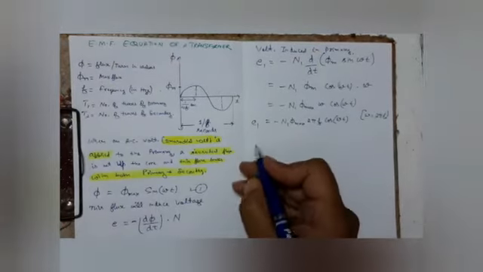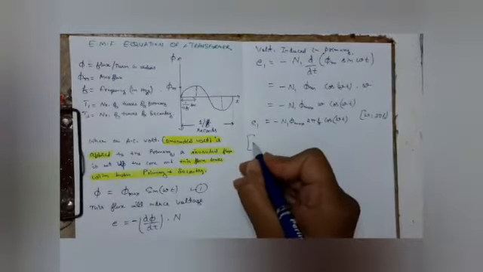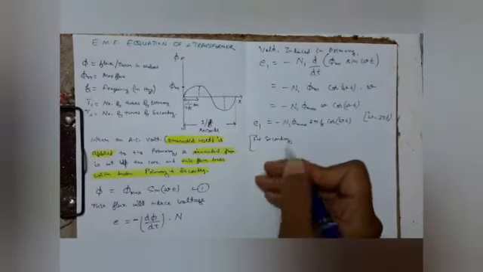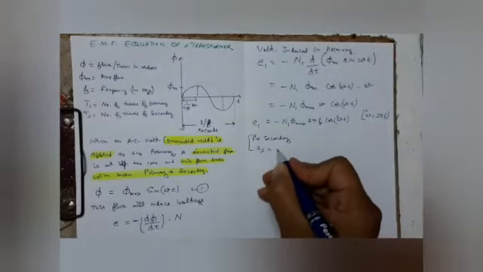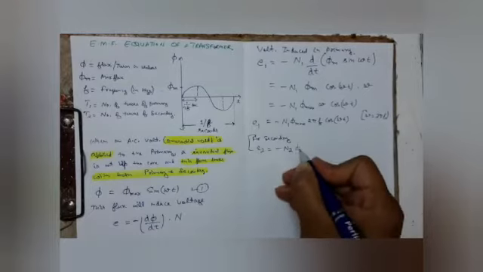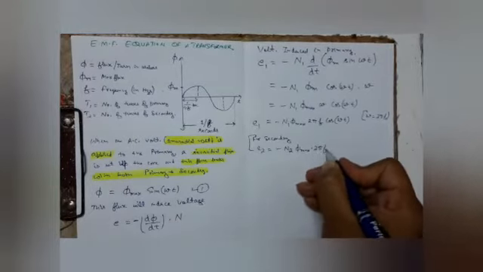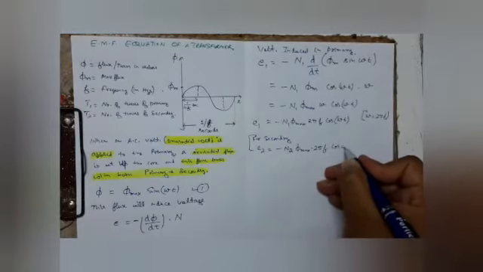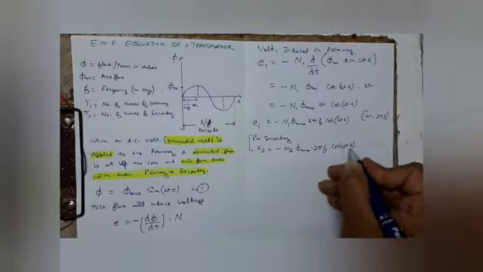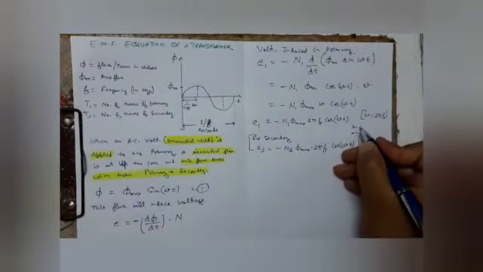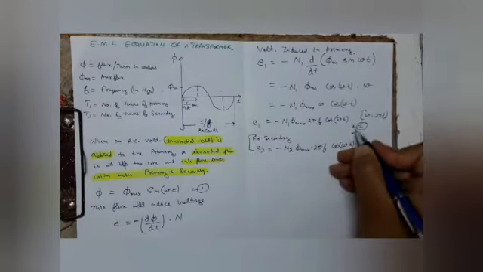So for the secondary, induced voltage E2 will be equal to minus N2 phi max into 2 pi f into cos omega t. Derivation will be the same. Let us say this is equation number 2.